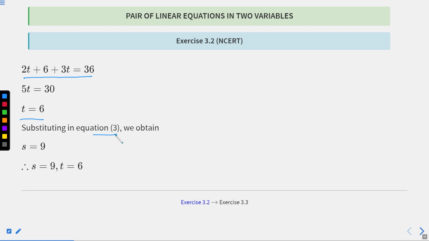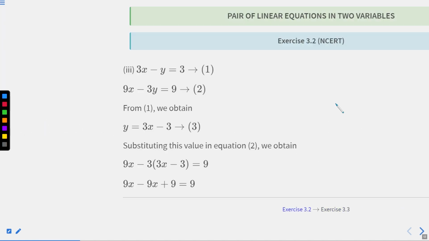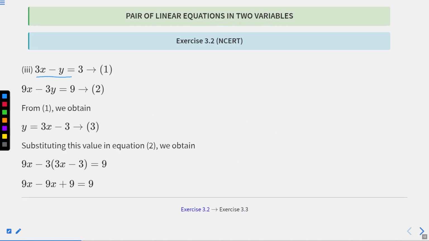Now let us solve question number 3. We are given 3x minus y equals 3 and 9x minus 3y equals 9. Let us solve. Naming these equation 1 and equation 2.